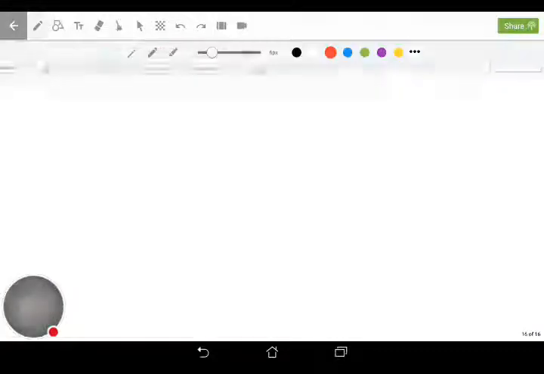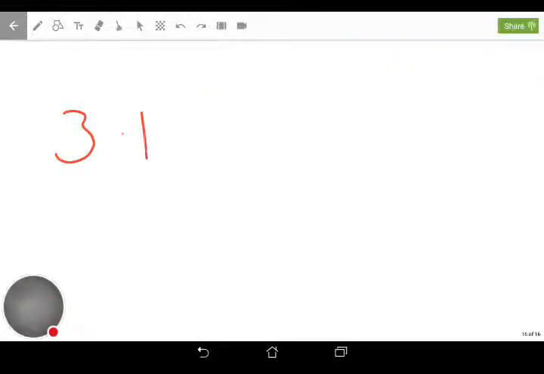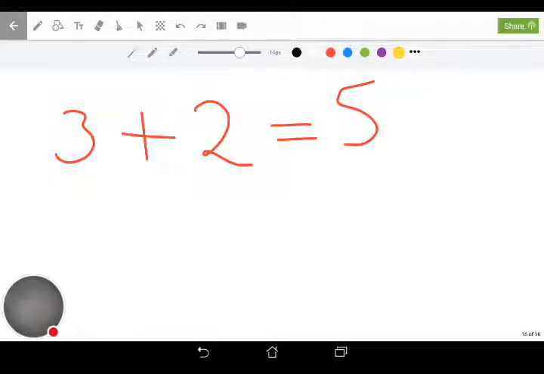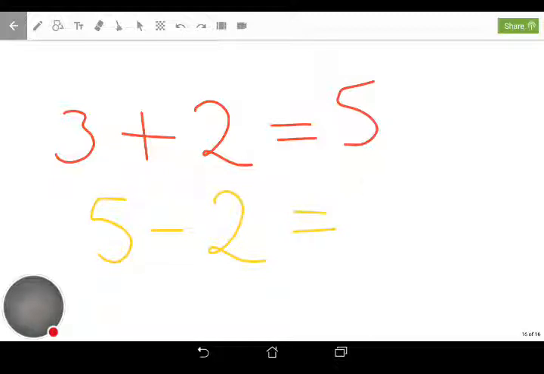Okay, now what I actually mean by the opposite of add being subtract is, let's have a look. So where we've got 3 plus 2, that's 5. Now if we were to do the opposite of this sum, just to work backwards and see if it was right, we would do 5 minus 2, which gives us 3. So it's the same set of numbers, we're just doing the opposites to double check that it's correct.